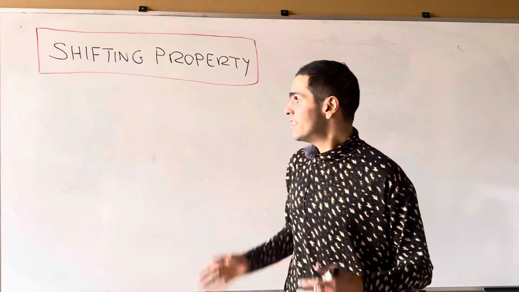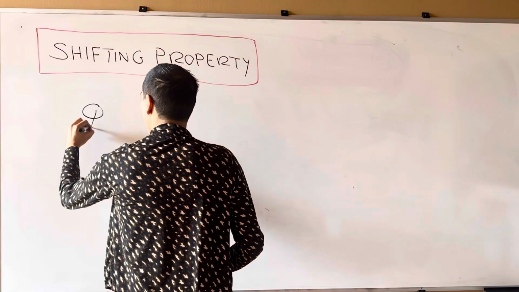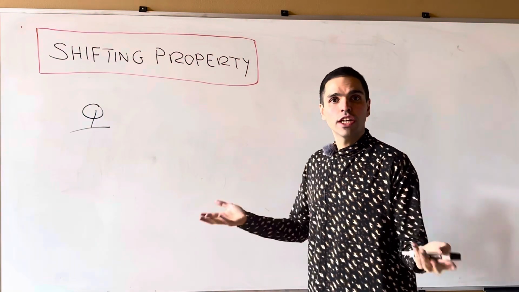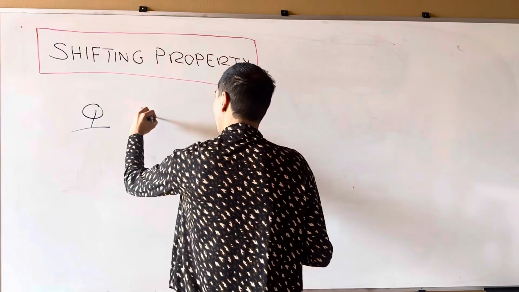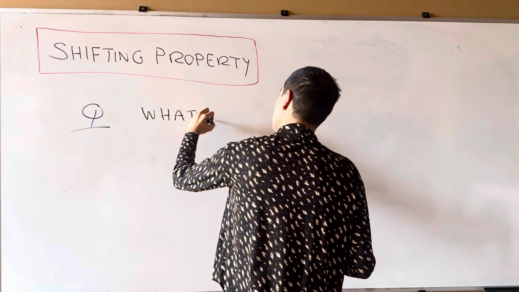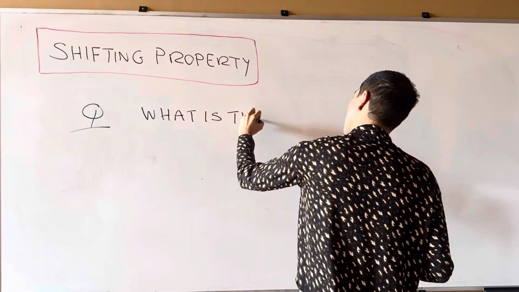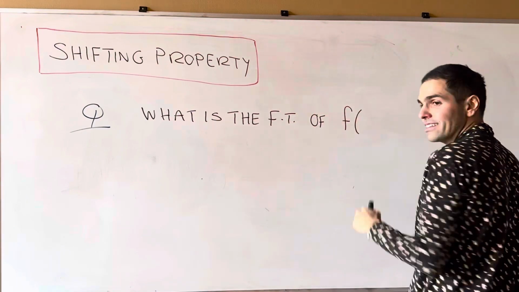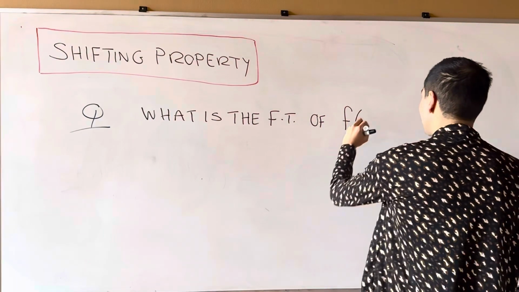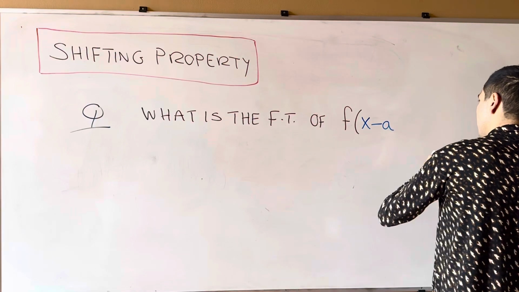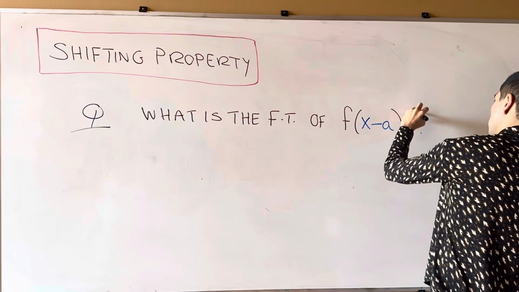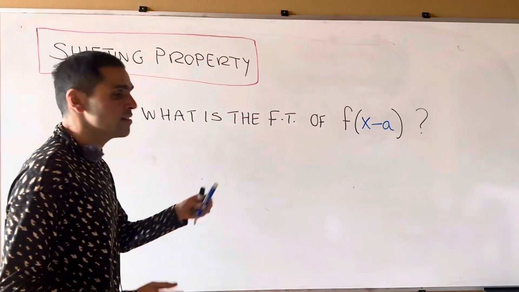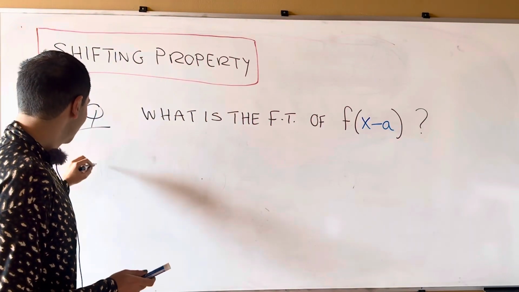Here is a really cool property of the Fourier transform that proves to be useful in practice. The question is, what happens to the Fourier transform when you shift a function? In other words, what is the Fourier transform of not f of x, but f of x minus a? If you shift f to the right by a units, what happens to the Fourier transform?